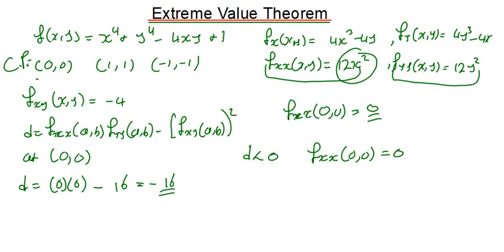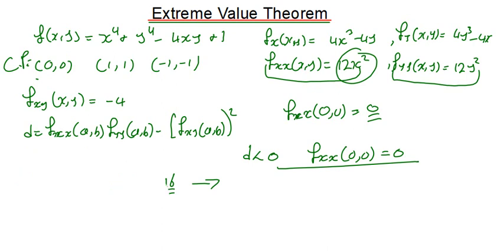For this reason, we can say this is a saddle point, because of what we have right here. This could have been either a maximum or a minimum if this value were either less than 0 or greater than 0. But if it is equal to 0, we have to say it's a saddle point, because it's neither a relative min nor a relative max. So that's what we get for that critical point.